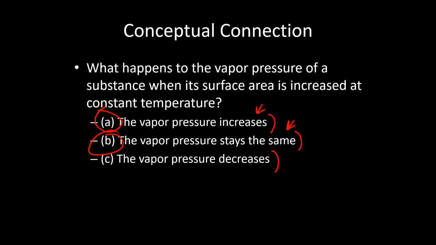So it works both ways. It's not only easier for stuff to evaporate, it's also easier for things to be recaptured. And so the vapor pressure actually stays the same, assuming that you were at an equilibrium before. Changing the surface area is not actually going to have an effect on that.